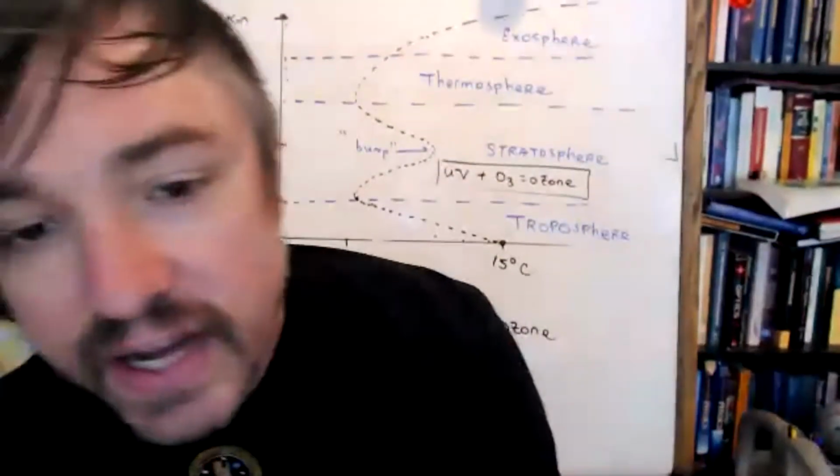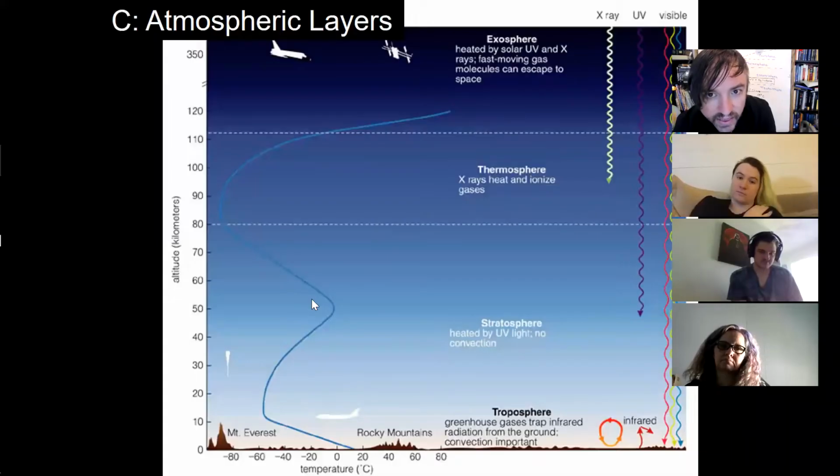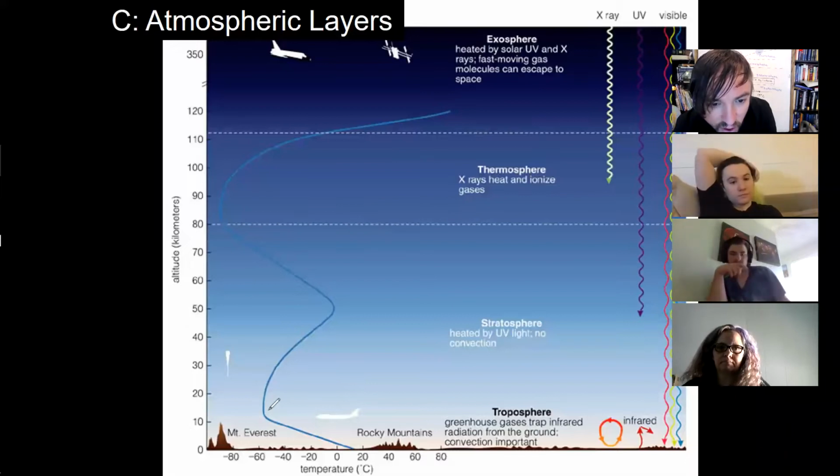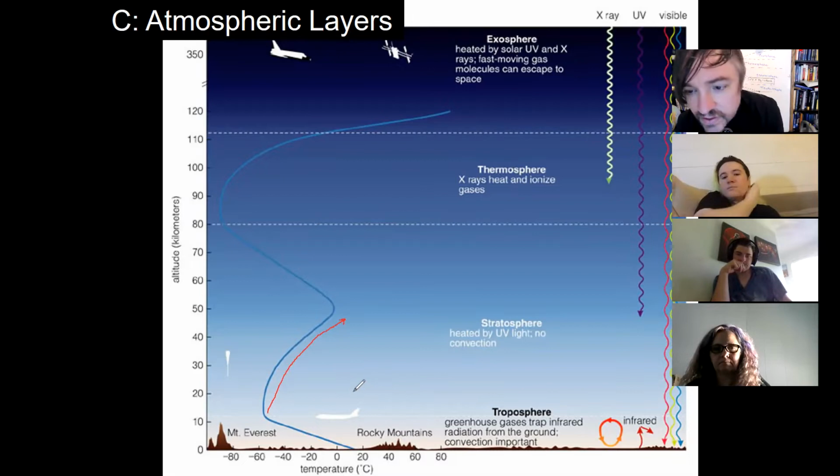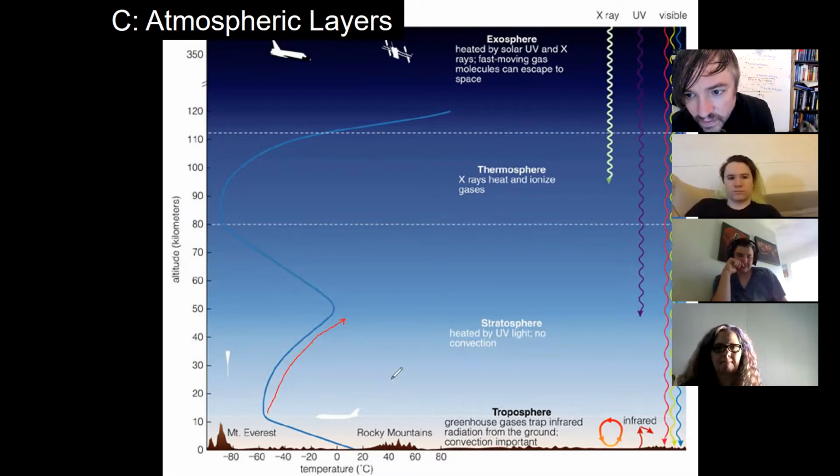Now, Ian or anyone else who thinks they've got the right intuition, explain to me what's going on. In this portion of the stratosphere, why do I see the temperature getting higher and higher up to 50 kilometers? Remember, this layer is caused by interactions between ultraviolet light and ozone molecules.